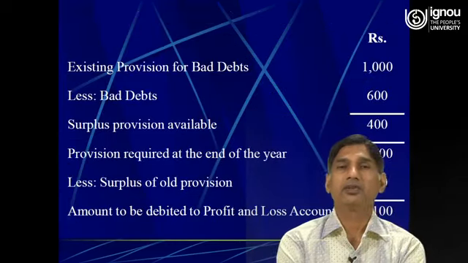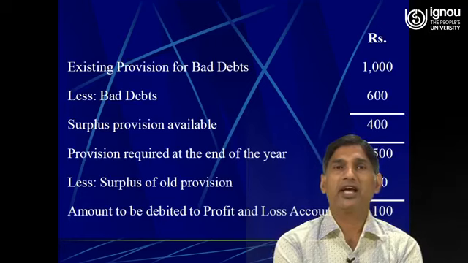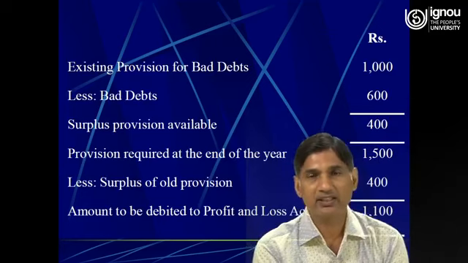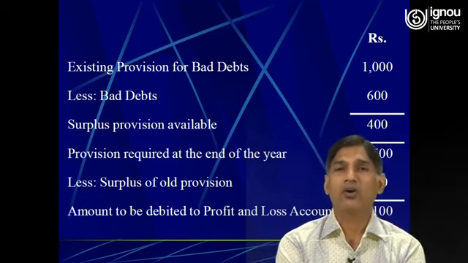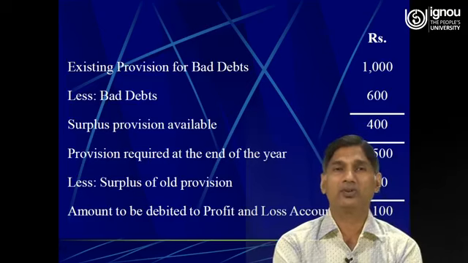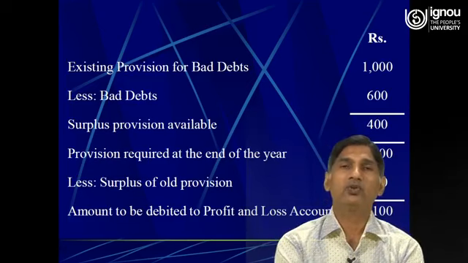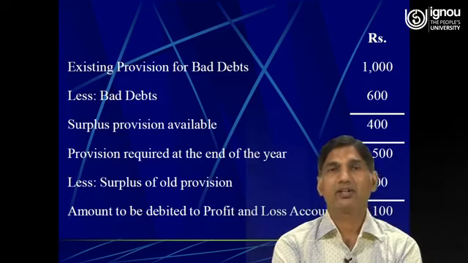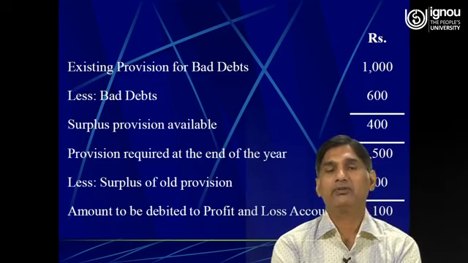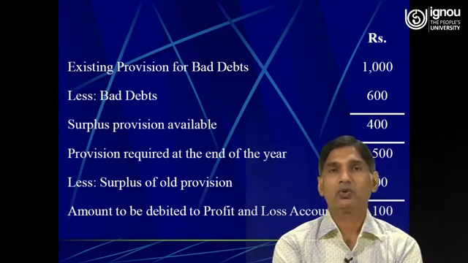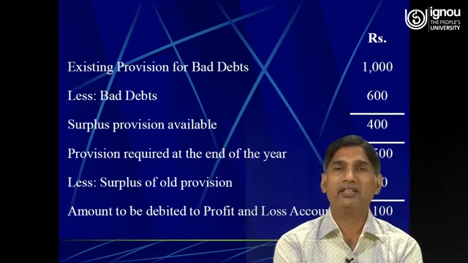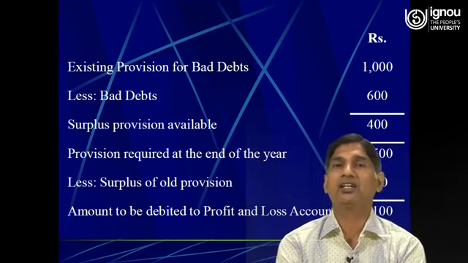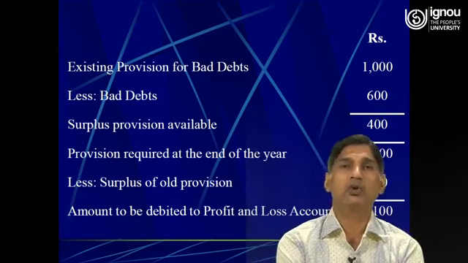Here you can see the existing provision for bad debts is rupees 1000, that is the old provision, less bad debts. When the old provision has been provided in the trial balance, any amount of bad debts taking place in the current year will be met first from the old provision.